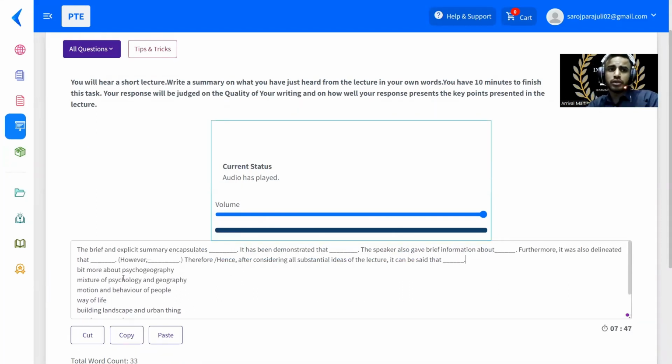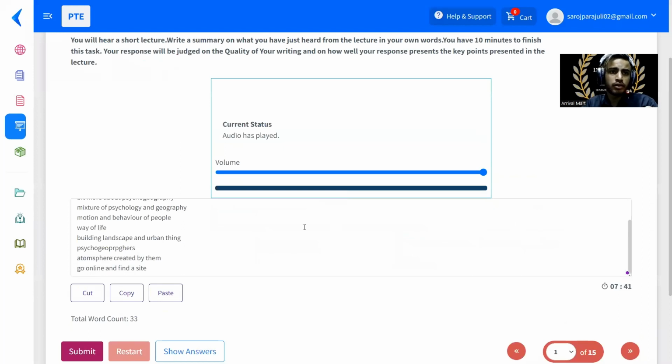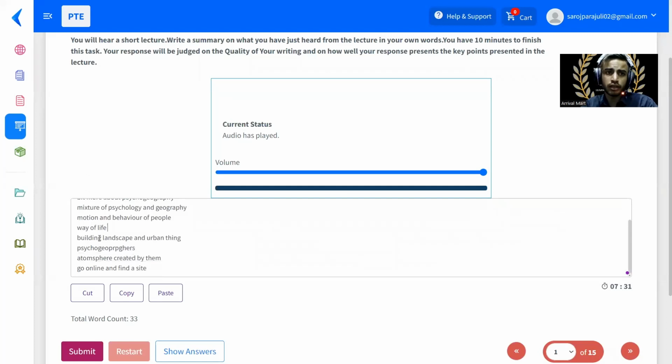First, arrange your notes a bit more about psychogeography: a mixture of psychology and geography, demonstrated that emotion and behavior of people, way of life, building, landscape, and urban thing.